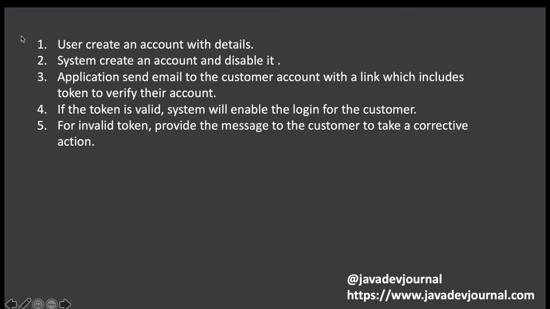And if it's an invalid token, what is going to happen is we will give you some messages or maybe some corrective action, or an option to resend the verification email again to your account. Right? So that's the overall high-level overview of what we are going to do in this lesson.